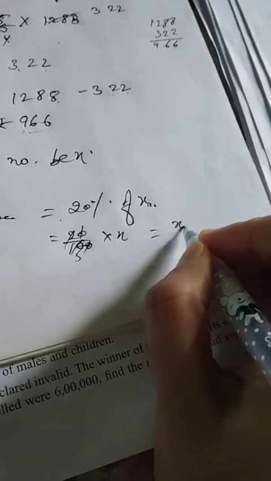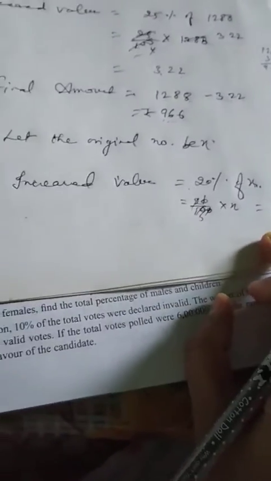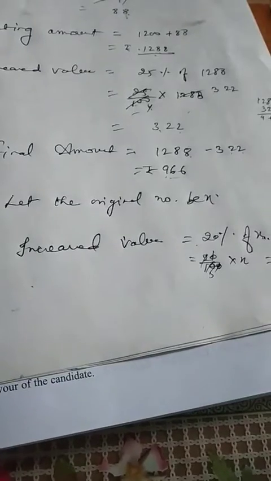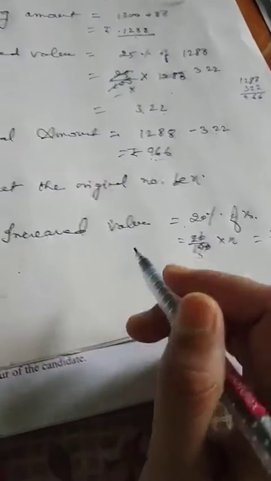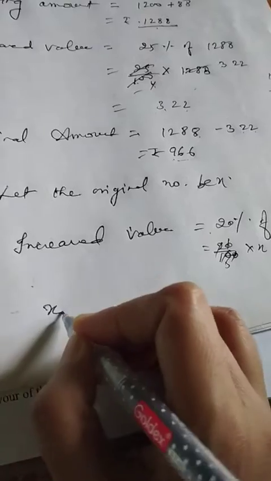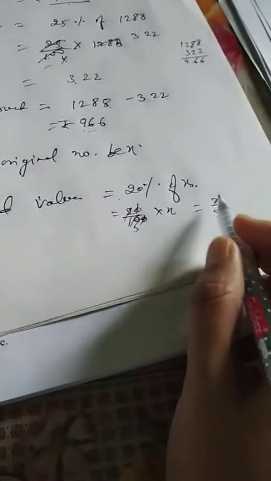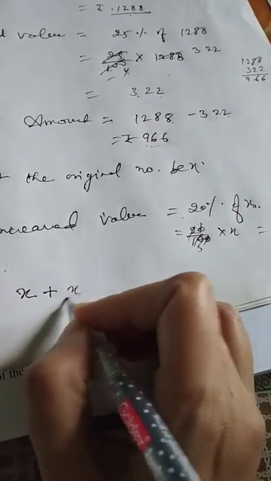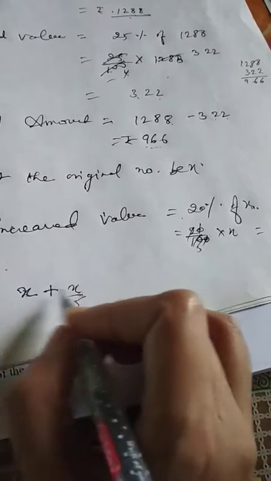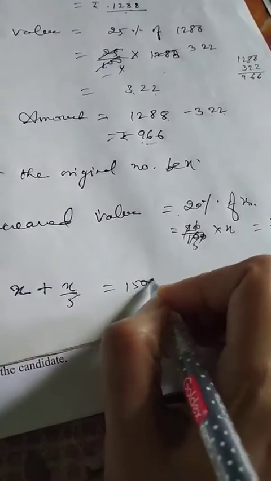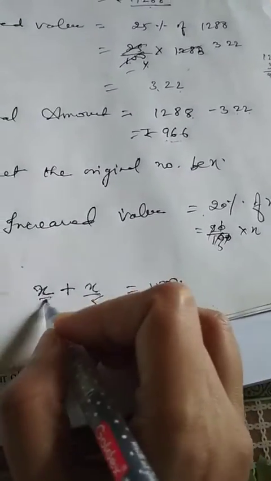So x by 5 is the increased value, and original was x. After increasing, the value becomes 1500, so when both are added, it is equal to 1500. So you have to find the value of x.